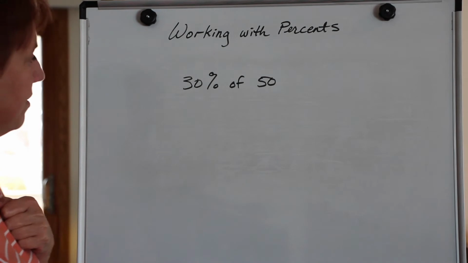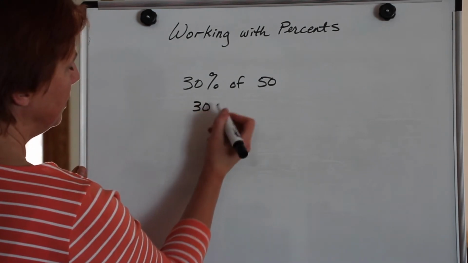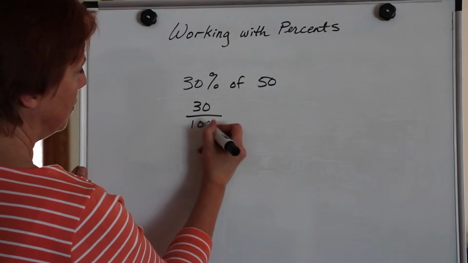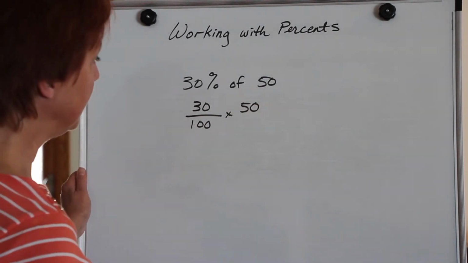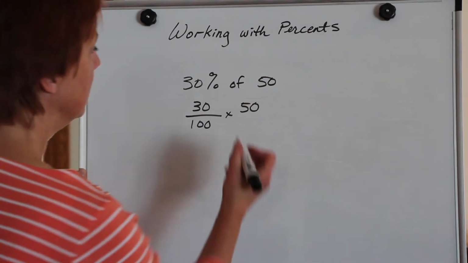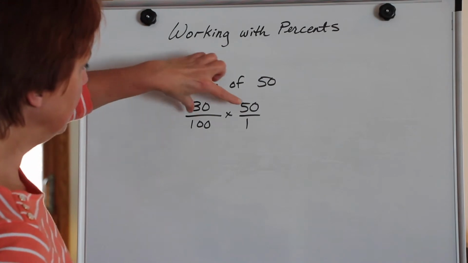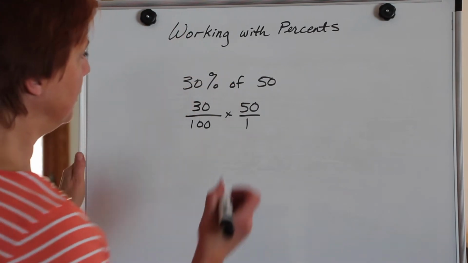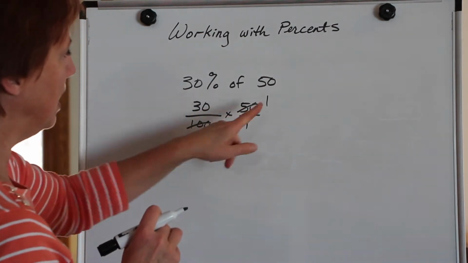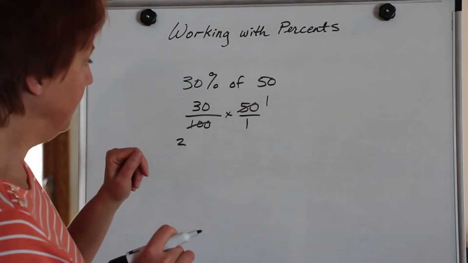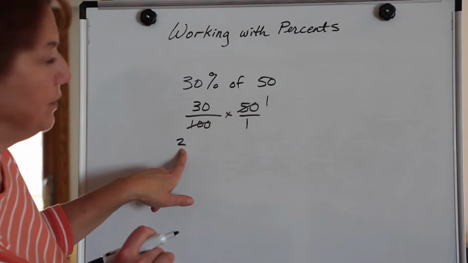So is this any harder? Maybe a little bit. We can turn the 30% into 30 over 100 and multiply by 50. That's easy, right? Because that's exactly what it means. We can stand this on 1 if it makes us feel better. Then we can take the 50 and the 100 and reduce them. This divides by 50 and leaves 1, that divides by 50 and leaves 2.